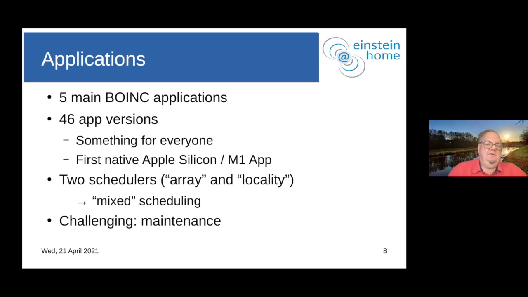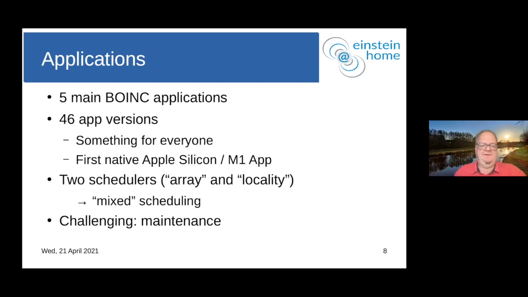We are running 2 schedulers, basically. So the locality scheduler for the gravitational wave search, and the array scheduler for the other ones, which actually is only one scheduler in what we call mixed mode.